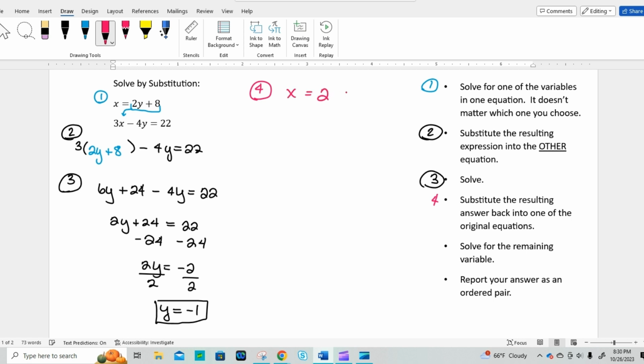So at this point, once I actually plug in my negative 1, this is just arithmetic. So I have x is equal to negative 2 plus 8. So x is equal to 6.